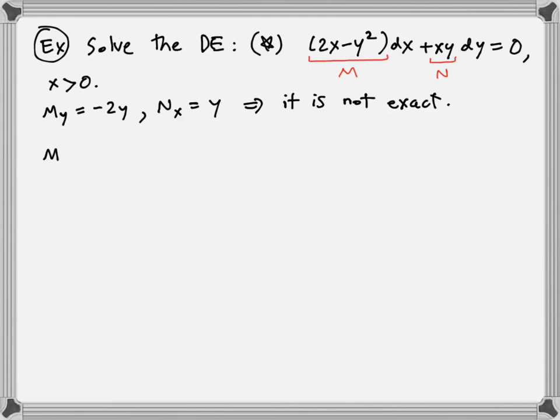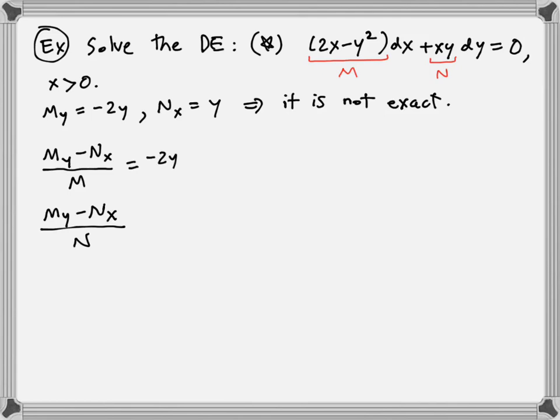So let's go ahead and try My minus Nx and first let's try to divide it by M. So we're going to do it both ways, right? I want to divide it by M, and I also want to take My minus Nx, and I want to divide it by N to see if one or the other makes all of one variable go away. So first, what's My minus Nx divided by M?